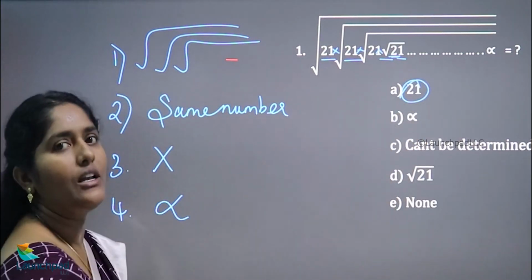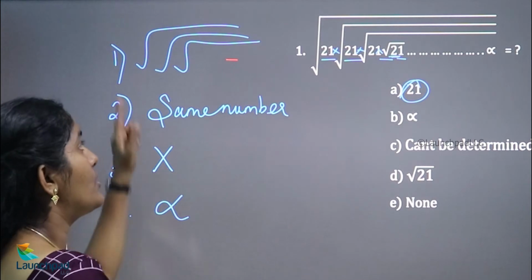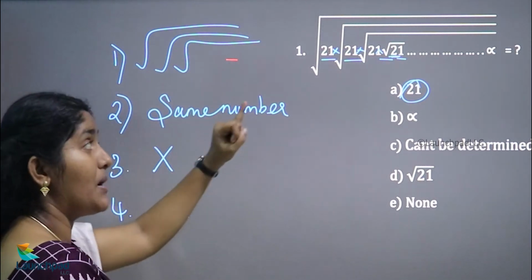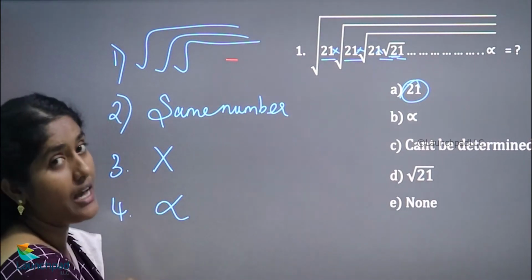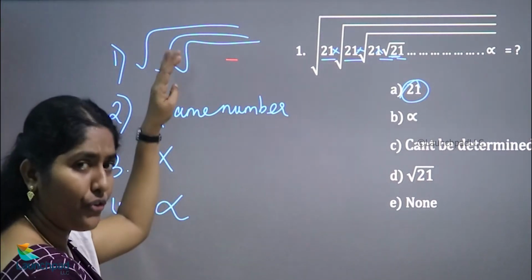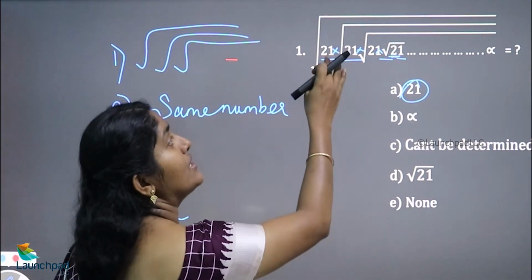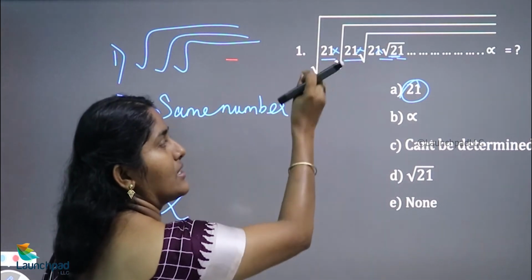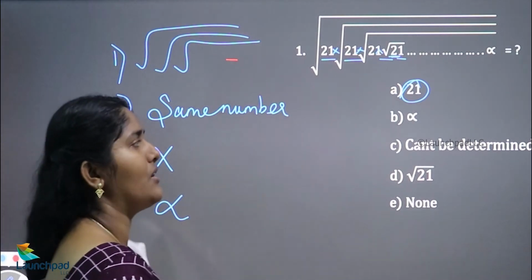The value inside the root is your answer. So if inner roots and the same number come in your question, with a multiplication symbol and an infinity symbol, when these four conditions are satisfied you can take the root value, 21, as the answer. The answer for this question is 21.